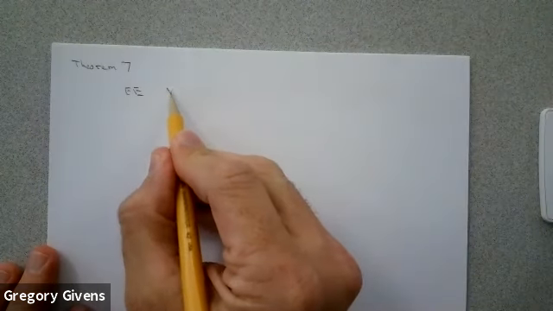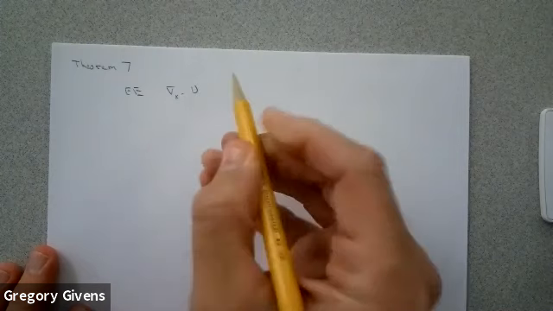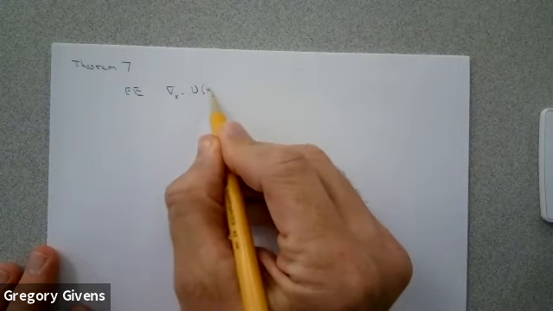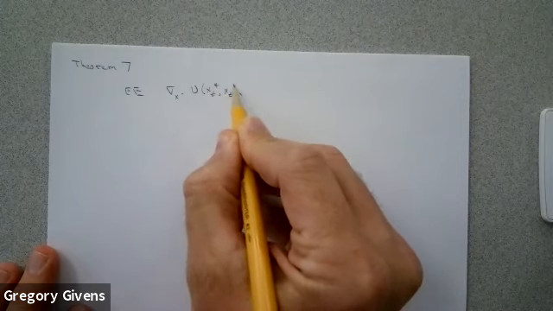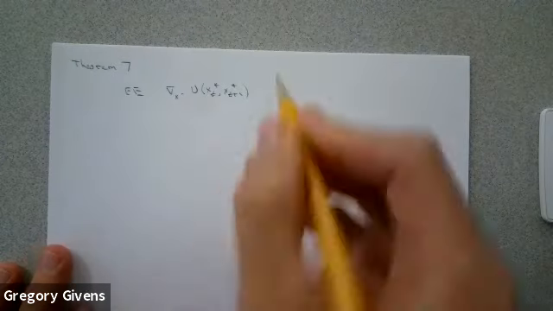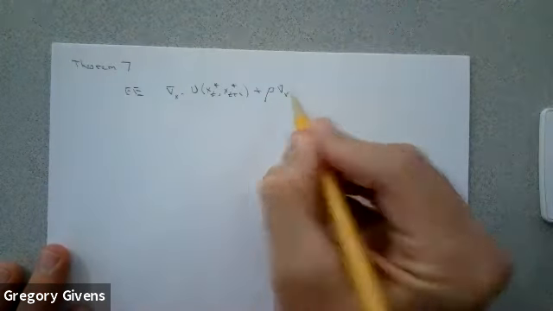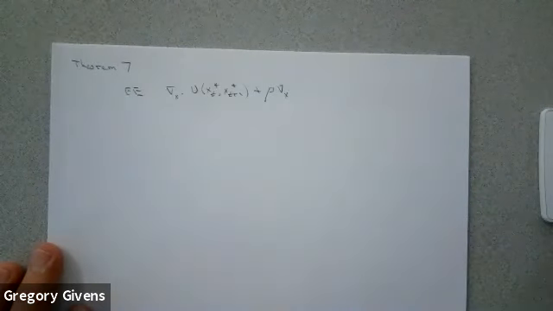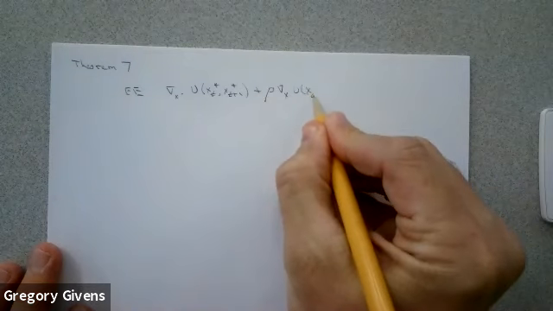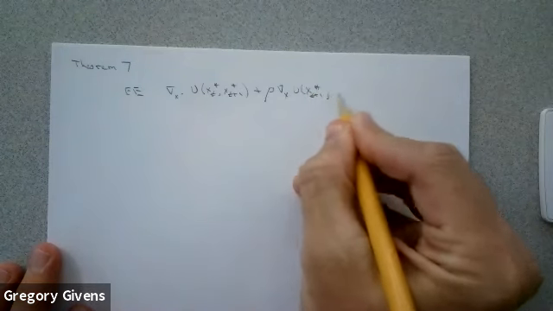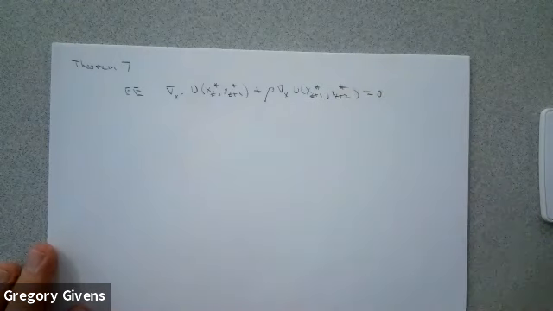Which says that the derivative of the payoff function with respect to the second argument, that is the control, x t plus 1, plus the discounted value of the derivative of the payoff function with respect to the state, scrolled 1 period ahead, so u x t plus 1 star, x t plus 2 star, has to be equal to 0.